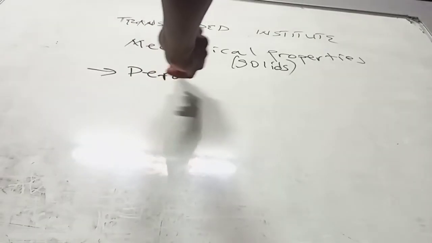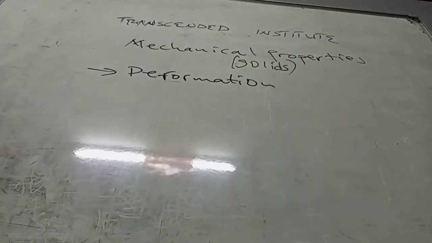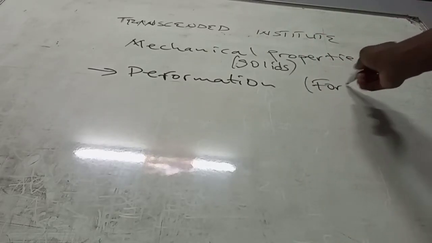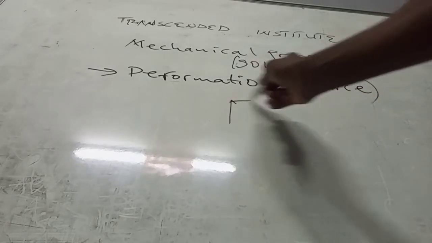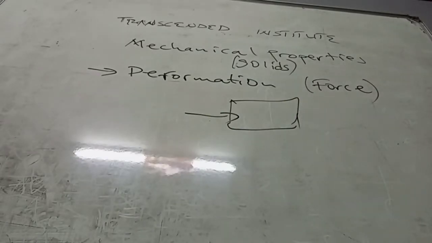Deformation that is caused by a force when applied on a solid. So deformation is actually a result of what? A force. So when you have an object, a solid, and you apply a force at different angles, you are going to deform the object.